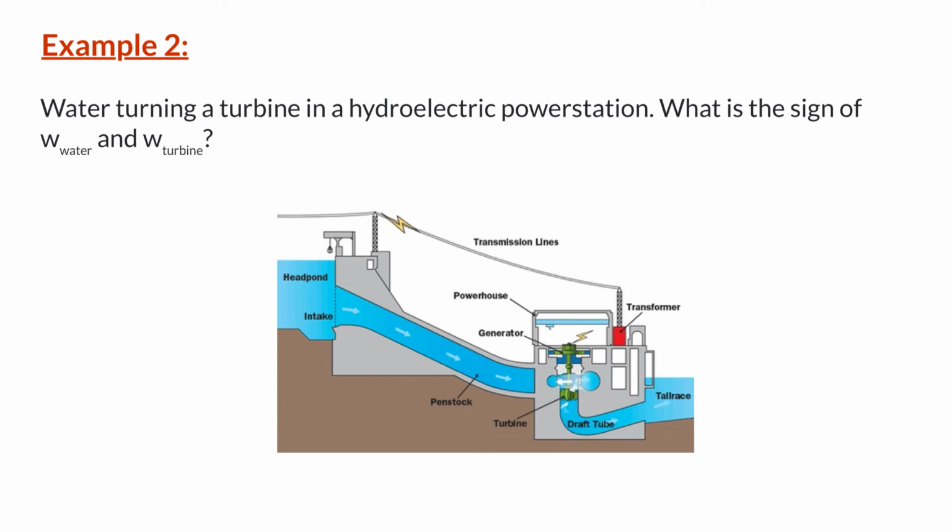Example 2. Water turning a turbine in a hydroelectric power station. What is the sign of W water and W turbine? Pause the video here and try to answer this question.